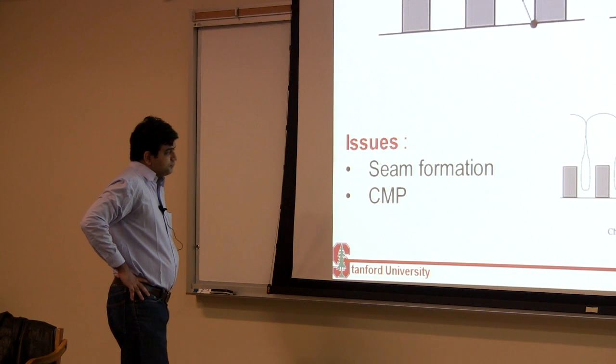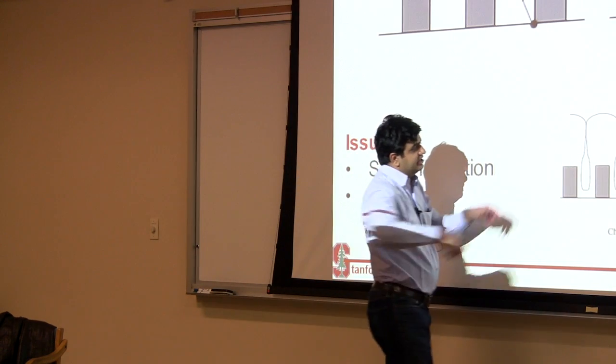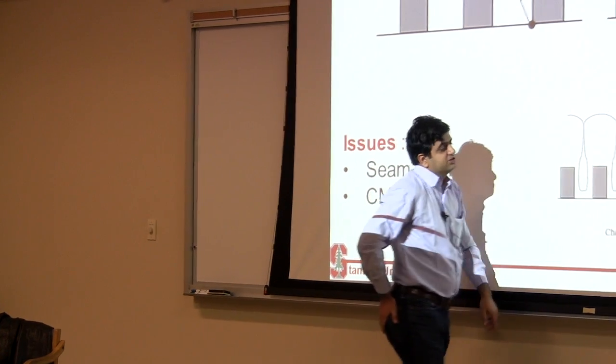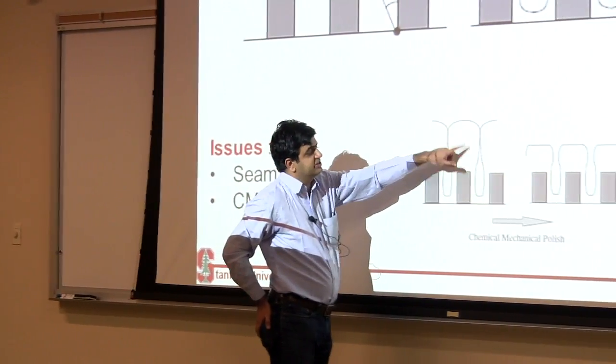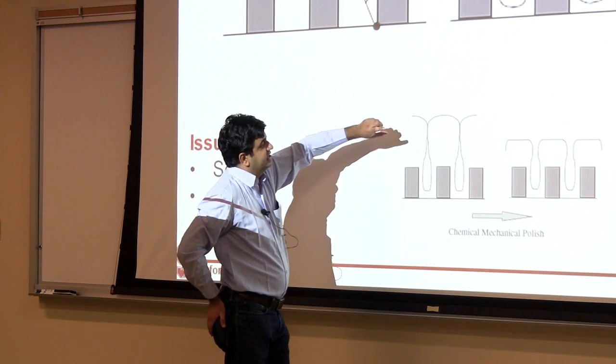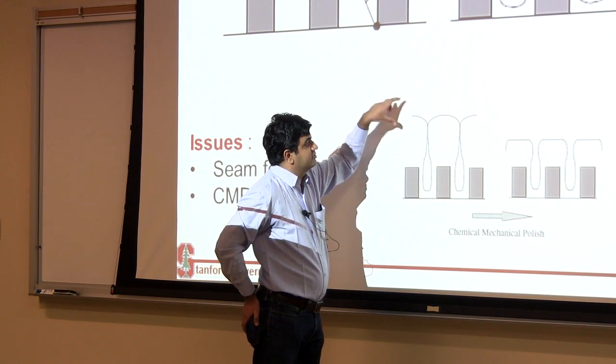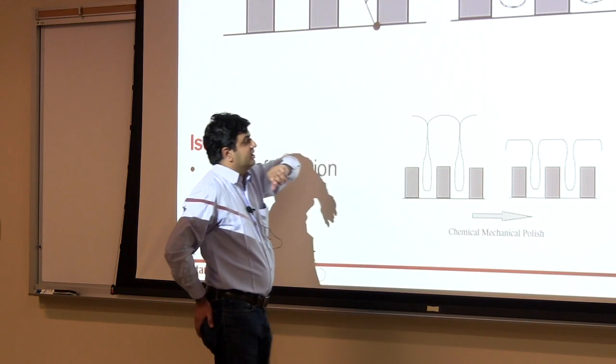The two important things are, first, when these two fronts meet, they leave a seam in between. So it's very important to close this seam off. Typically people change their plasma conditions such that it becomes a more conformal deposition once you have formed the air gap, so you seal this seam off.